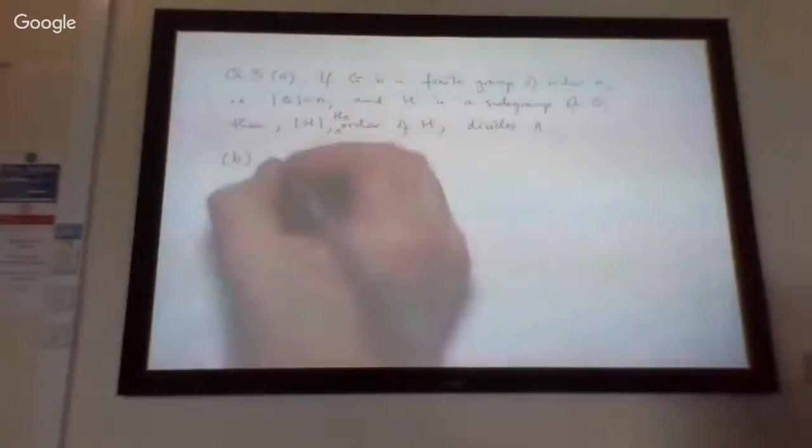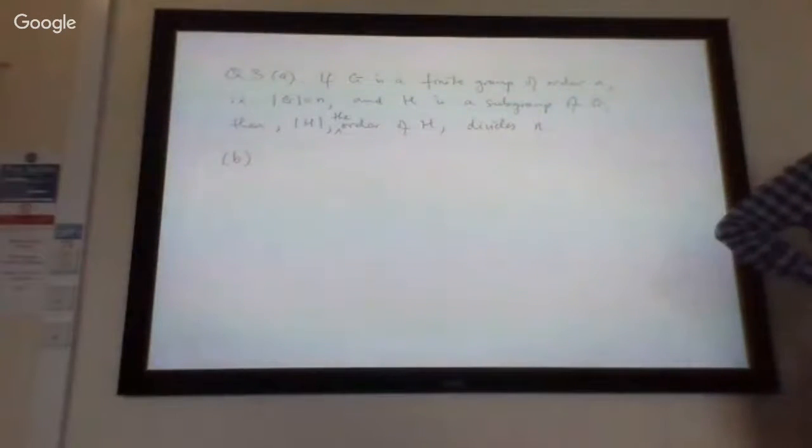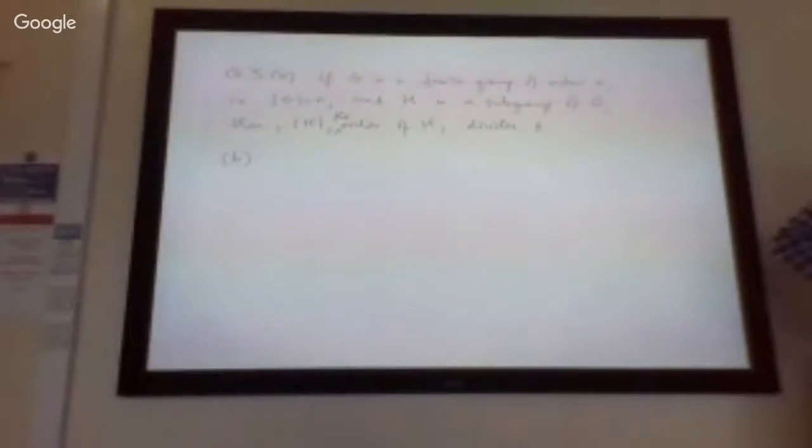And in part B then, part B is a multi-part thing here, and this is basically stepping you through the proof of Lagrange's theorem. I mean, a tougher question might have just been proof of Lagrange's theorem, right? But this gives you a little bit of structure, and it's pointing out the kind of things you should be talking about in the various parts.